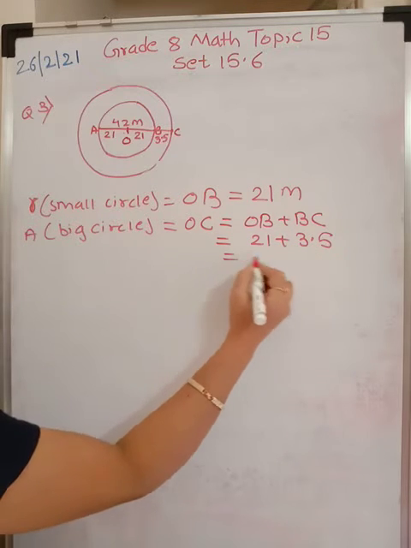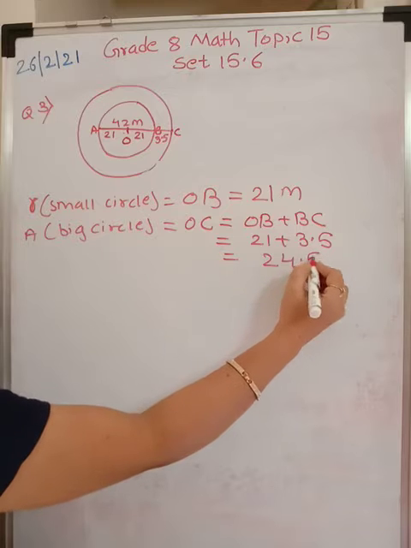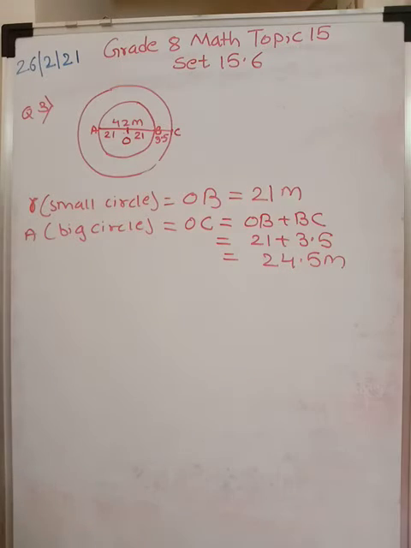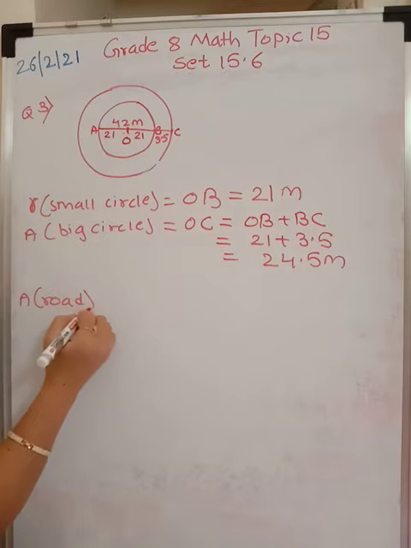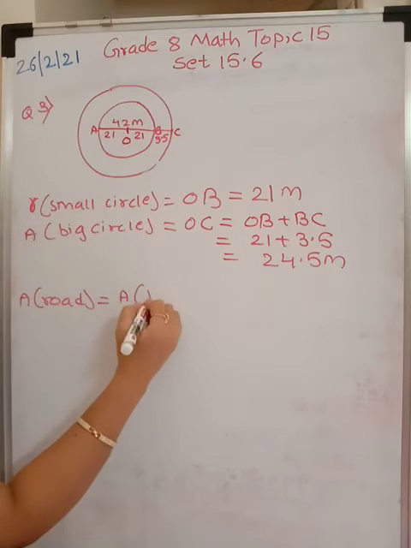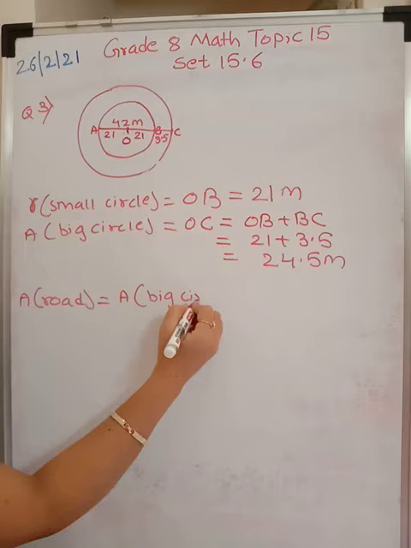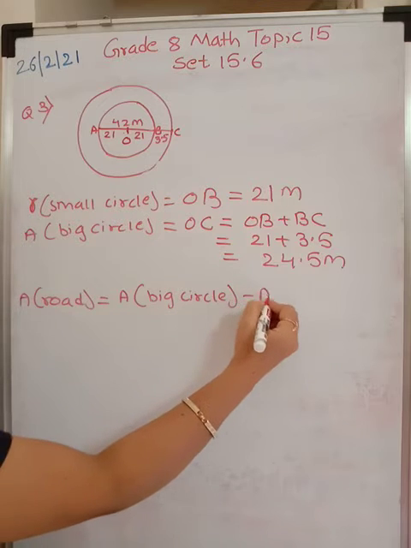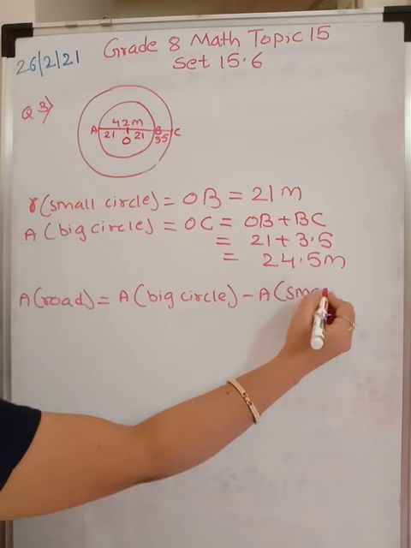So this comes out to be 24.5 meters. This you must understand. And now you can say the area of the road is equal to the area of the big circle minus the area of the small circle.